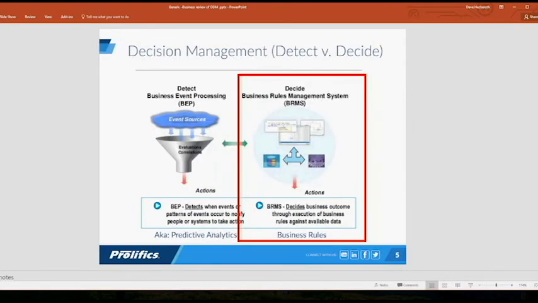Let's also take another step down into this decision management funnel, and let me help us recognize the fact that there are really two parts of decision management from a capability perspective. One is the BRMS, sort of traditional business rules computing path that we have been doing for many, many years, actually since the late 80s, part of the expert system movement.